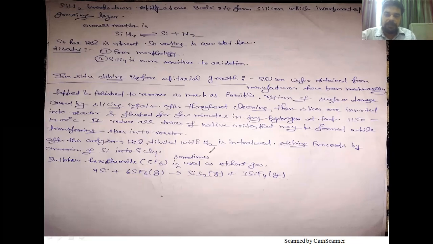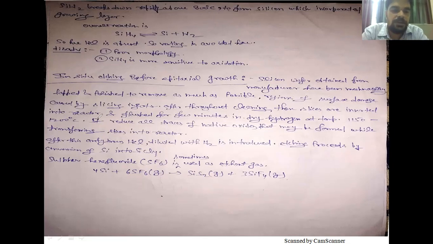Silicon wafers obtained from the manufacturer are mechanically lapped and polished, as we discussed in silicon shaping, to remove as much as possible the regions of surface damage. But in spite of that, after thorough cleaning, these slices are inserted into the reactor chamber, whether it is a horizontal reactor, vertical reactor, or barrel reactor. These are flushed for a few minutes in dry hydrogen at a temperature of 1150 to 1200 degrees centigrade.